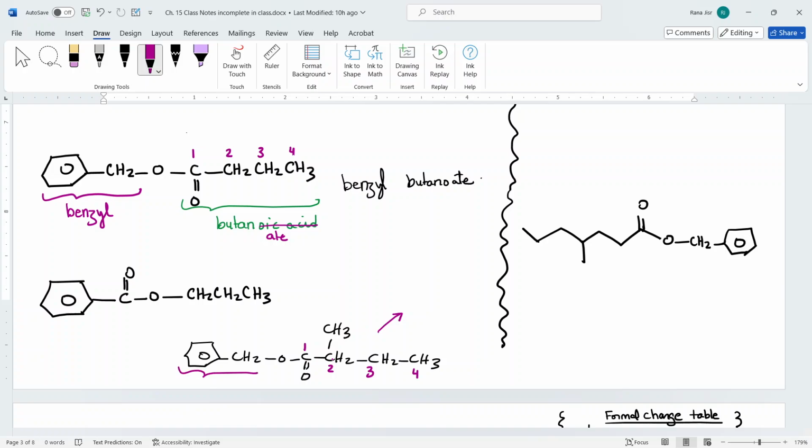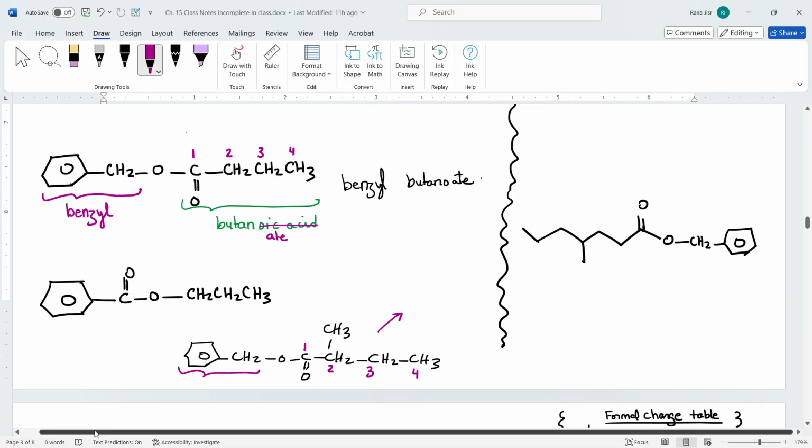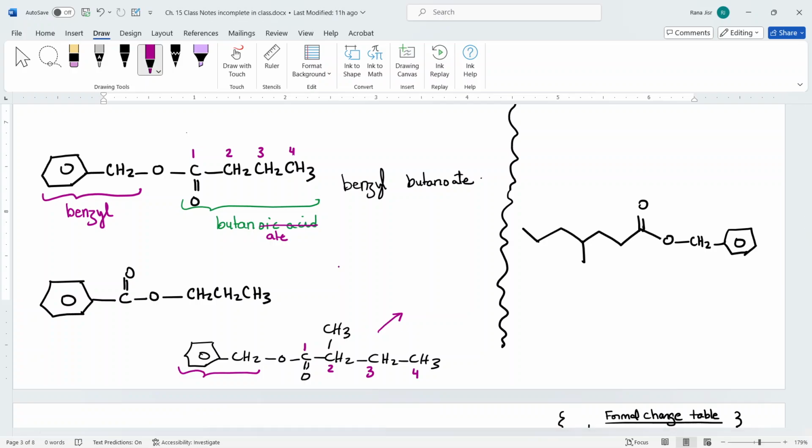I'm going to start by naming the group that is connected to the oxygen first, and that is going to be a benzyl. And then I am having a CH3 on the second carbon. So the name here is going to be 2-methyl, leave a space, okay?